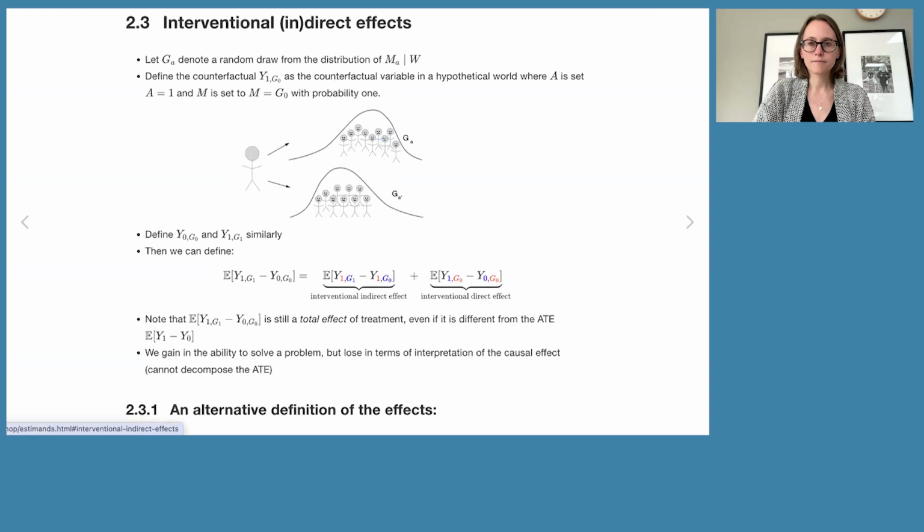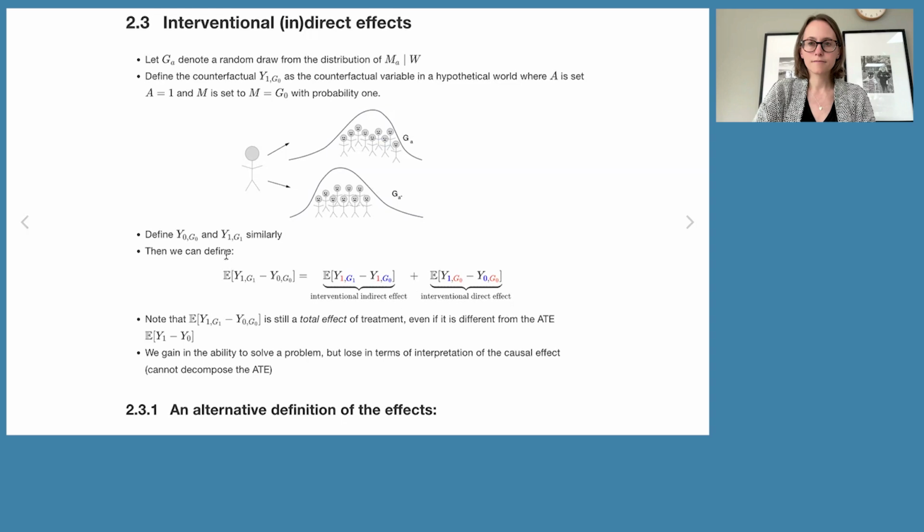Interventional direct and indirect effects are a little different. So we're going to notate them similarly, but we're going to use this G instead of M. And that G is on purpose because instead of being the counterfactual mediator value for somebody, it's going to be a random draw from a distribution of counterfactual mediator values for that person.